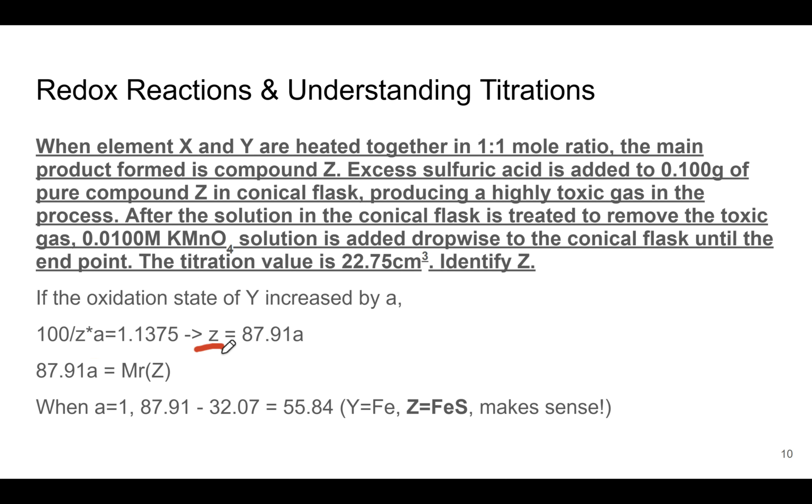And small z is just the relative molecular mass of compound Z. So when we substitute A equals 1, we take the relative molecular mass of compound Z minus the relative atomic mass of sulfur, because we know there's one sulfur in each formula unit of Z. We get 55.84, and that's quite close to iron.